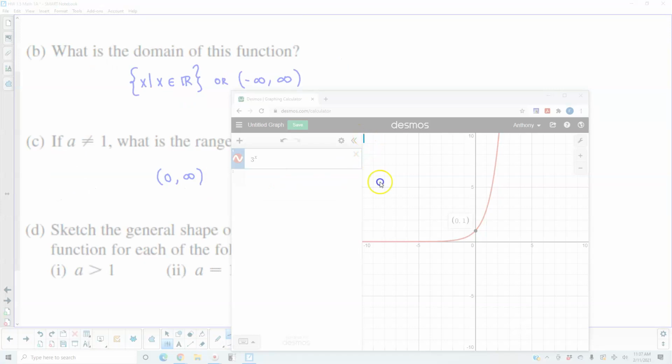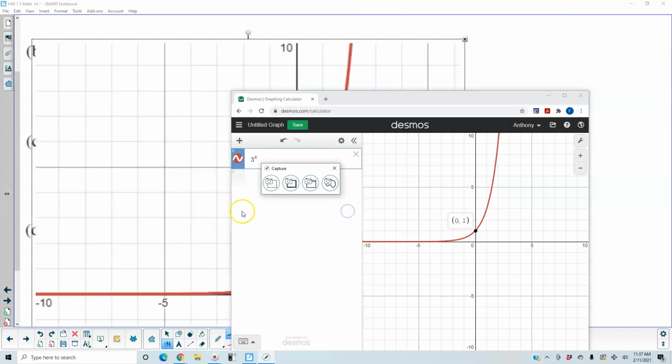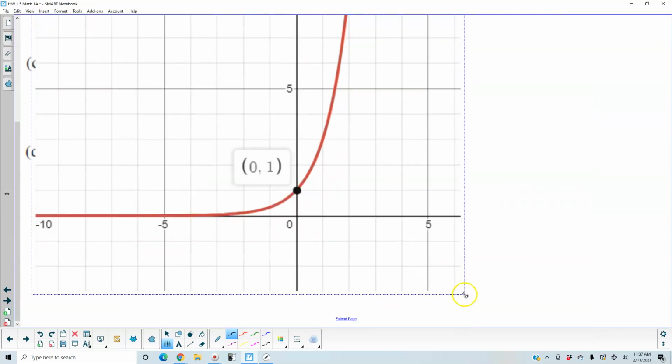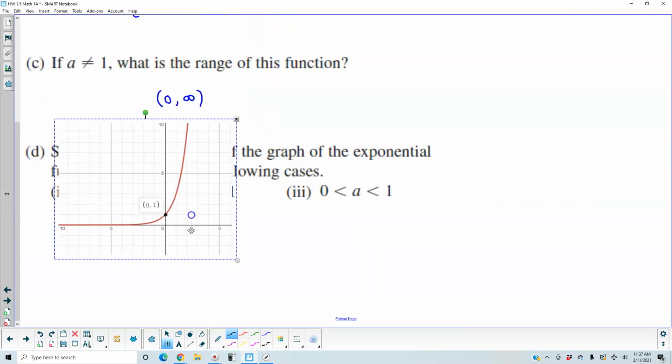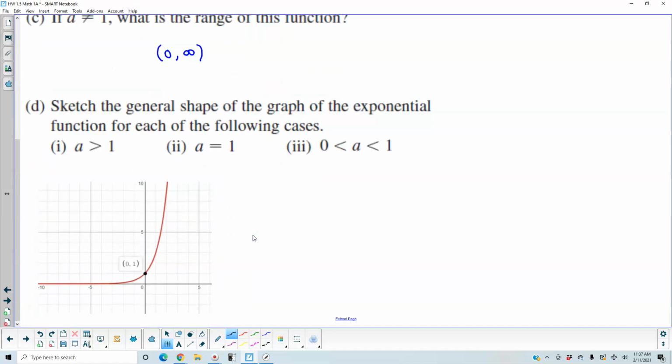So let's go ahead and copy this graph. So this is where our graph is f of x equals 3 to the x, which represents our first scenario.